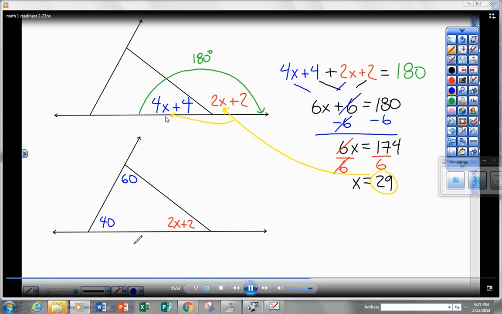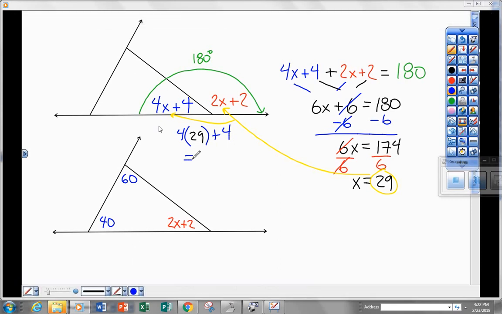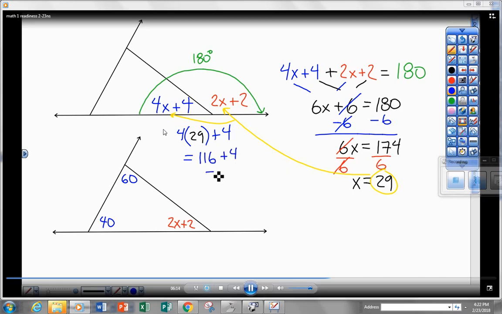So when I do that blue expression, I get 4 times 29 plus 4, and that gives me 116 plus 4, which is 120. So you can see really this should be 120 right here, but don't worry about that.